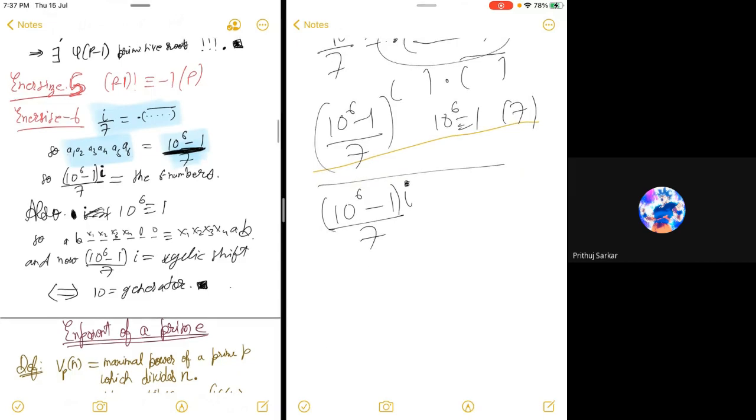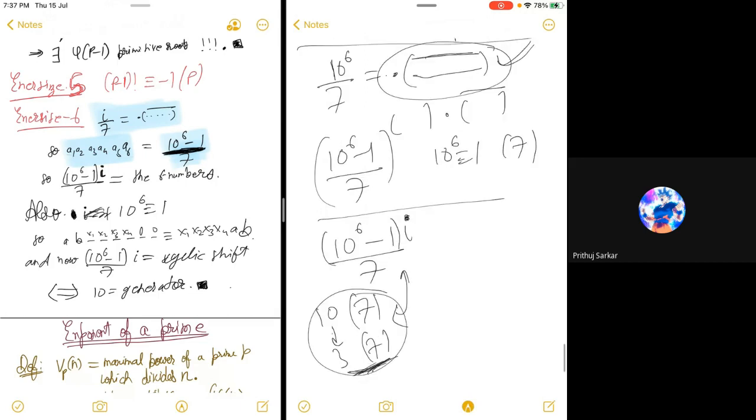For that, notice that it is a fact that 10 is a primitive root modulo 7. That means 3 is a primitive root modulo 7. So we will show that this is equivalent to those being cyclic shifts. And this can be proved by computation.